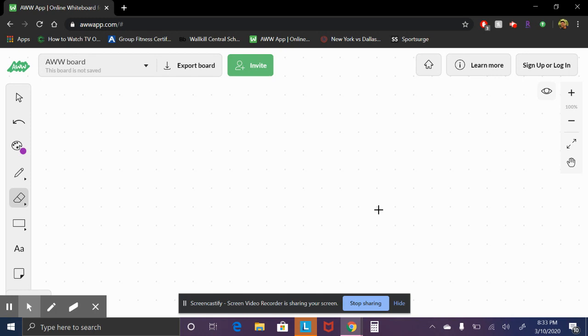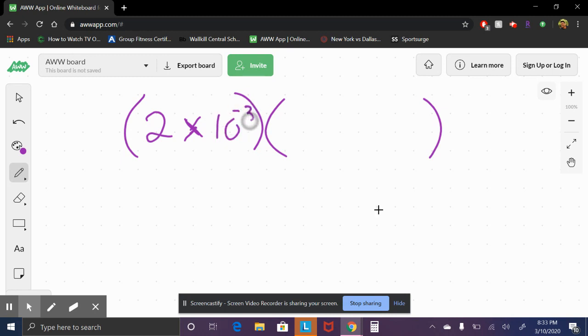We'll do a multiplication problem, and we'll throw in some negative exponents just to keep us on our toes when dealing with negative numbers. So we have 2 times 10 to the negative third, and we're going to do 9 times 10 to the negative 8.